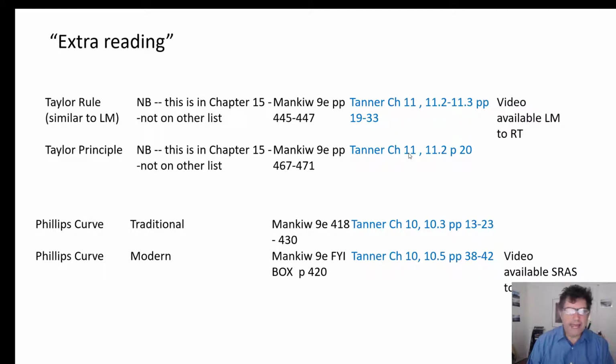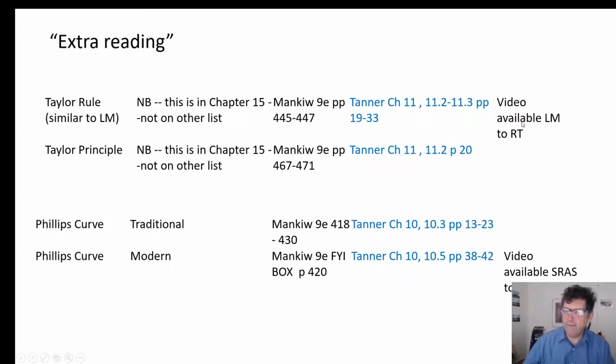Okay, so now if you wanted to have some extra reading, I especially would like you to have a look at some of the extra material that MemoT2 has, for example, on the Taylor rule, pages 445, 447, and also what we call the Taylor principle, 467, 471. I also have this featured prominently in my chapter 11.